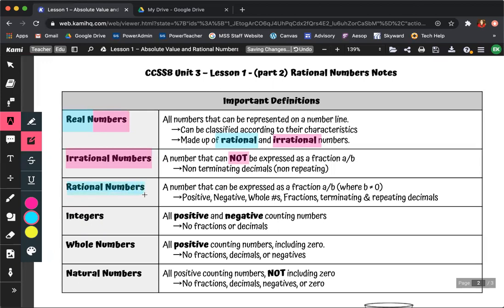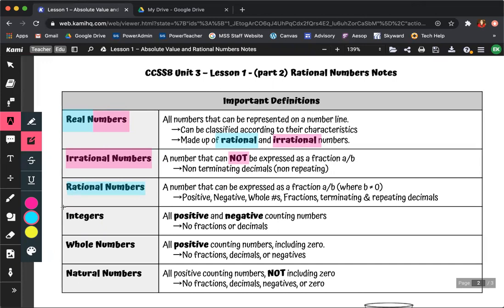A rational number is a number that can be expressed as a fraction, but specifically where b is not equal to 0. This includes positive numbers, negative numbers, whole numbers, fractions, terminating decimals, so decimals that end, and repeating decimals. Because if you think of like 0.3 repeating, that is 1/3 as a fraction. So it could be written in fraction form.